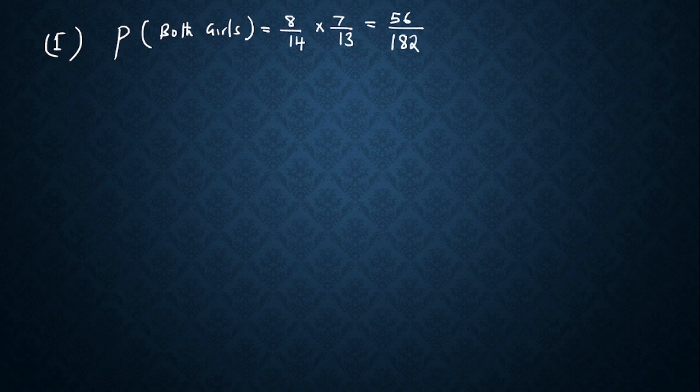Then you look for a number that can go into 56 and 182. That number is 14. 14 into 56, the answer is 4. Then 14 into 182, the answer is 13, like that.